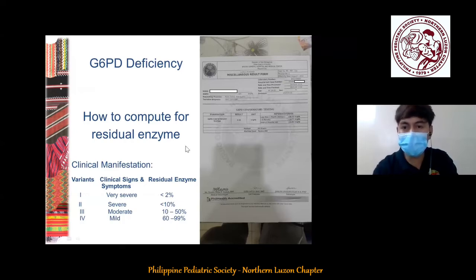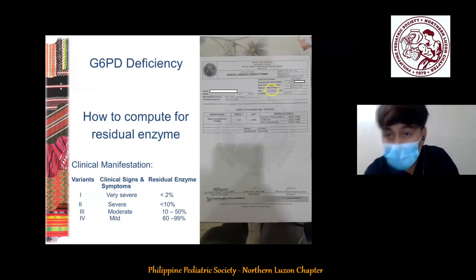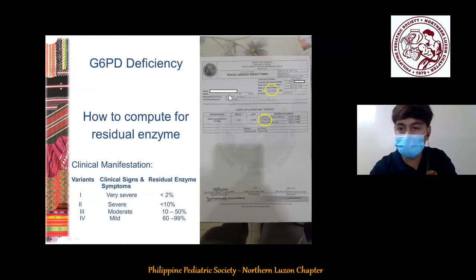Okay. First, you have to check for the age of the baby when the collection was done or the confirmatory test was done. Okay, this patient was 1 month old. And the reference range is 1 to 6 months old. Okay, now check the result, 0.56.